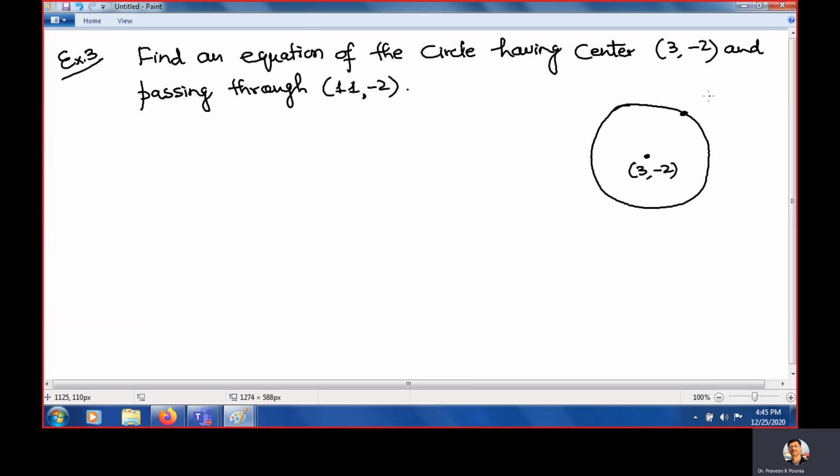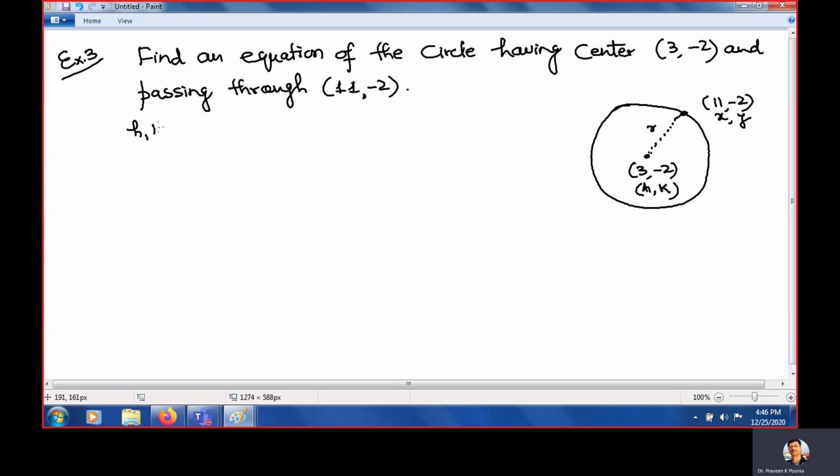And if this point is 11, -2, understand, this is the center and this distance is r. So r is not given, you need to find r. Clear? And how do you find r? If you remember, when we were making the equation, it is h, k and it is x, y.